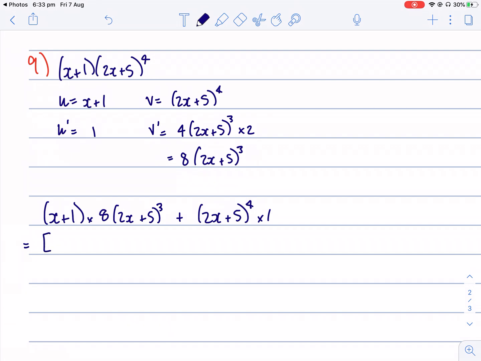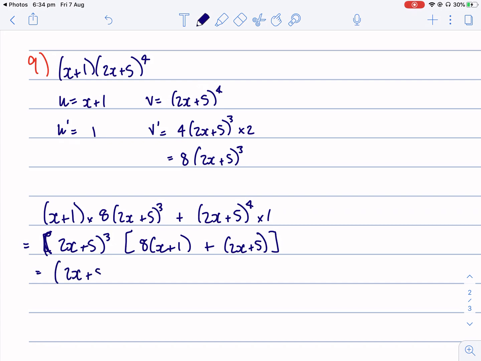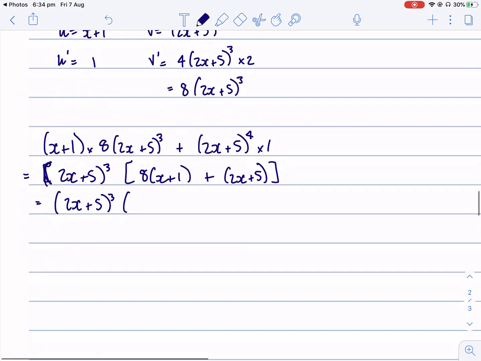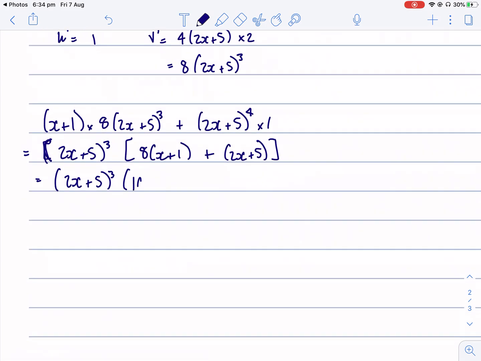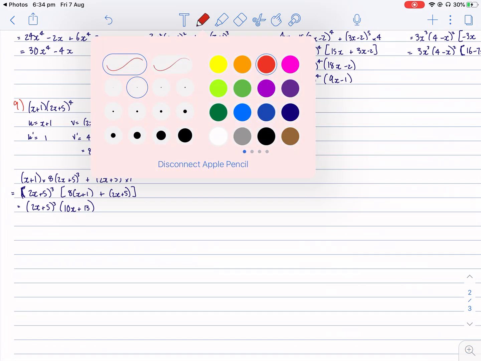So I'm going to take (2x plus 5) to the 3 out, and I've got 8 lots of (x plus 1) plus (2x plus 5) times 1. So I've got (2x plus 5) to the 3 times (8x plus 8 plus 2x plus 5), 10x plus 13. Okay, question 10.